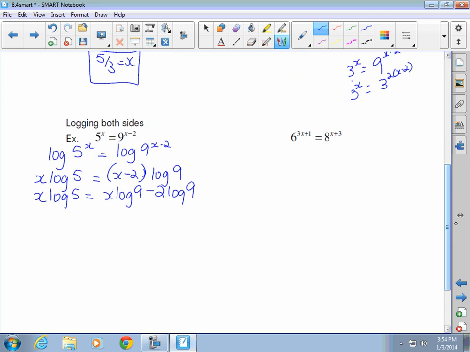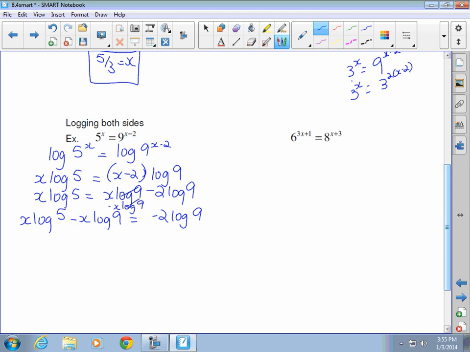So the next thing I want to do is I want to get my variables together. So this x log of 9, I'm going to bring it over to the other side. So I'm, in essence, subtracting x log of 9. So that'll cancel here. And on this side, I will have x log 5 minus x log 9 equals negative 2 log 9.